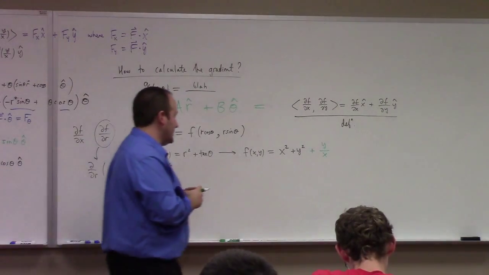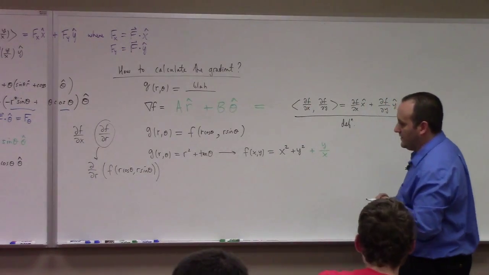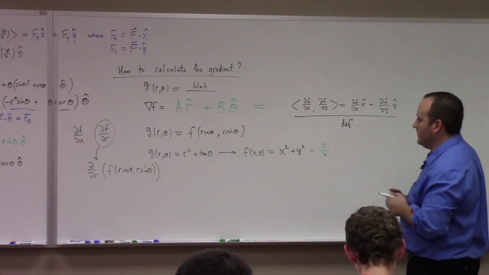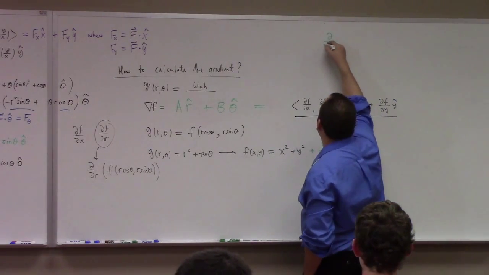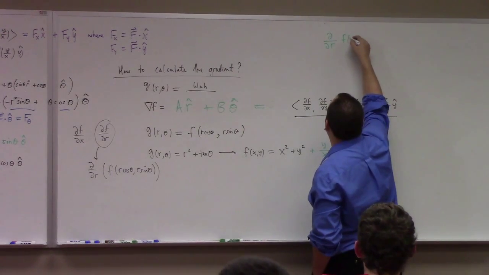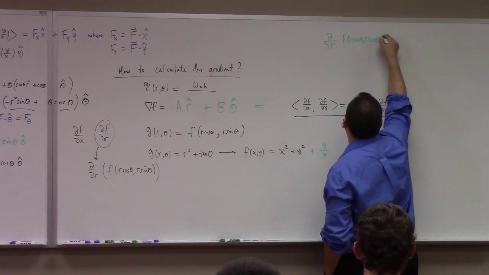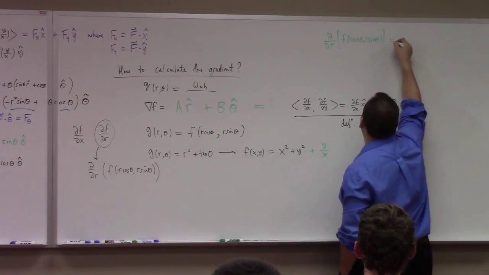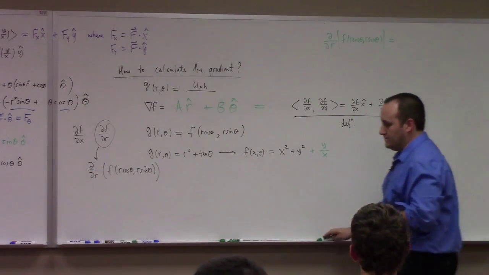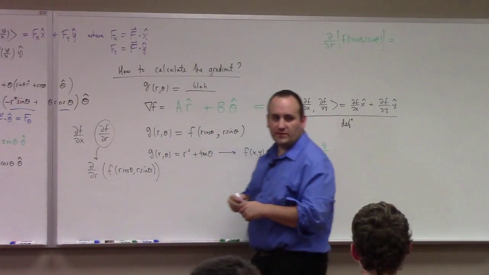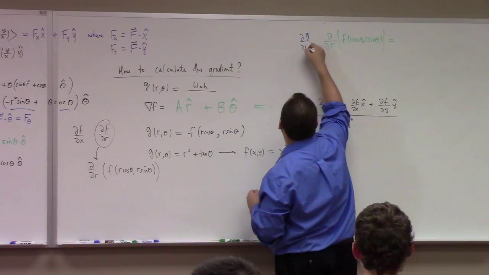And let's do a little bit more than that. We also expect that we're going to need to think about this issue. So for example, partial r of f of r cosine theta, r sine theta, what's that equal to? Partial, exactly. True. That would be partial g, partial r, right?